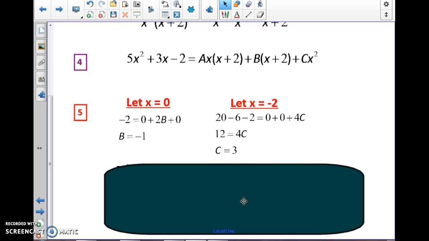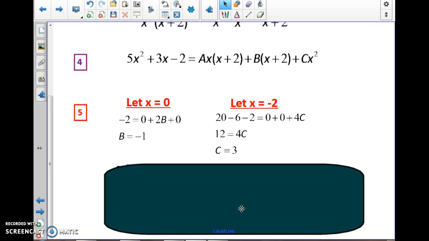Now I still have to do a little bit more work. I'm going to go ahead and distribute this whole entire equation on the right-hand side up here from step 4. But when I do that, I'm going to use the -1 for b and the 3 for c. So that way I can just figure out what pieces of information I need to set equal to find a. Once you get good at this, you probably won't even need to do this step.